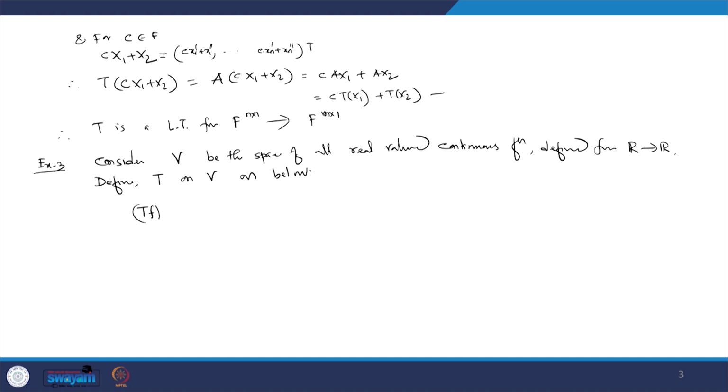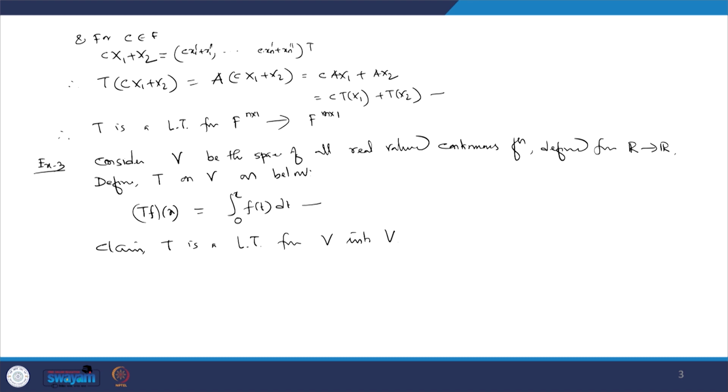T of f at x I am defining as the integral from 0 to x of f of t dt. We know this space is not a finite dimensional space, although it is a vector space. So I have taken a function T from vector space V to V defined by T of f equal to the integral from 0 to x of f of t dt. Claim: T is a linear transformation from V into V.